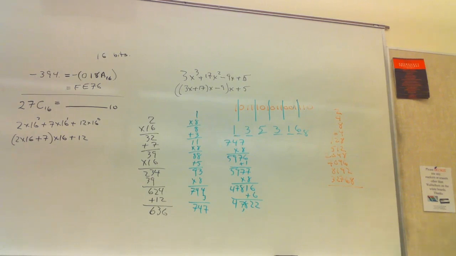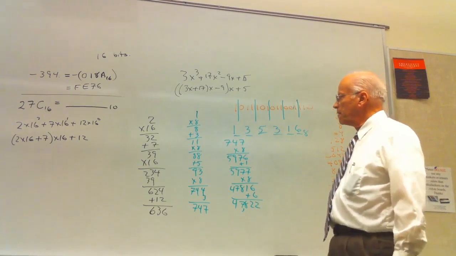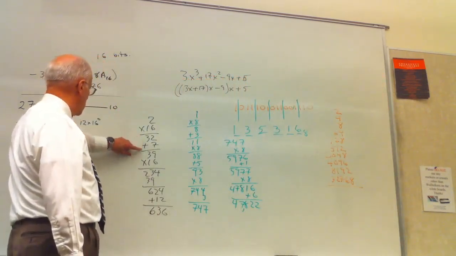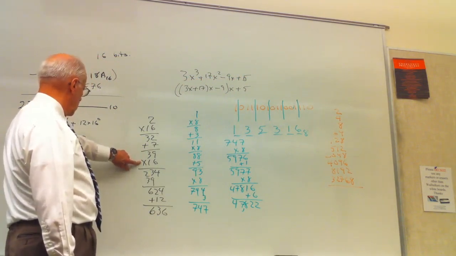Nice algorithm, yeah. On that one with 27C, you multiplied by the base 16, and then you added 7, then you multiplied by the base 16 into 39, got 234. That's not the right answer, is it?